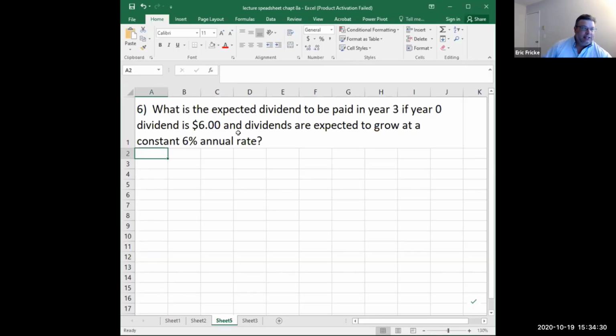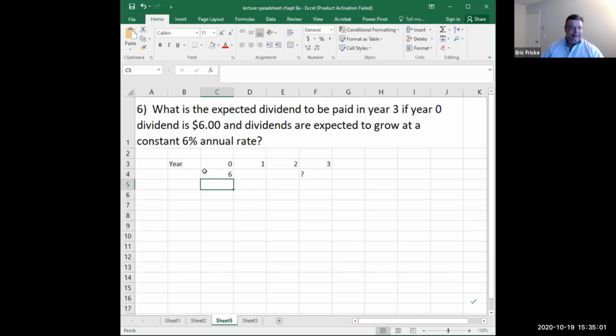What is the expected dividend to be paid in year 3 if the year 0 dividend is $6? So we have year 0, 1. We want to know year 3, and we know at year 0 it's $6.